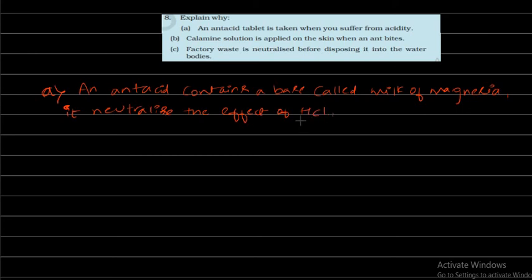As a result, we will get relief after taking the antacid tablet. So, an antacid contains a base called milk of magnesia. It neutralizes the effect of HCl, and hence it relieves us from the pain of acidity.